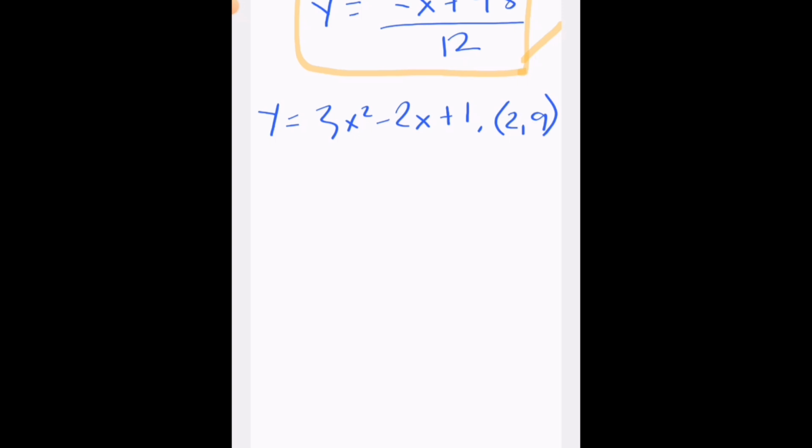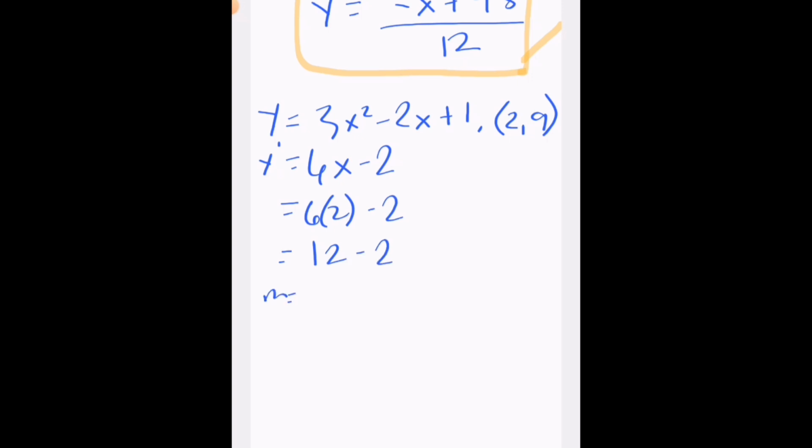First we will find the slope of the tangent line. So we derive the curve y equals 3x squared minus 2x plus 1. That gives us 6x minus 2. Then simply substitute the value of x. That would be 6 times 2 minus 2, so 6 times 2 is 12 minus 2.